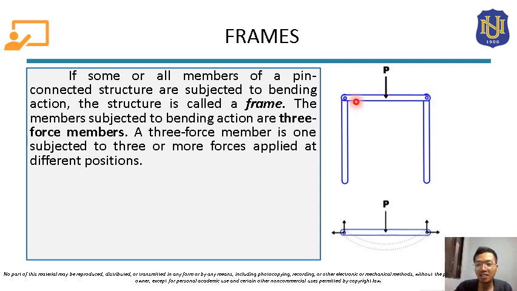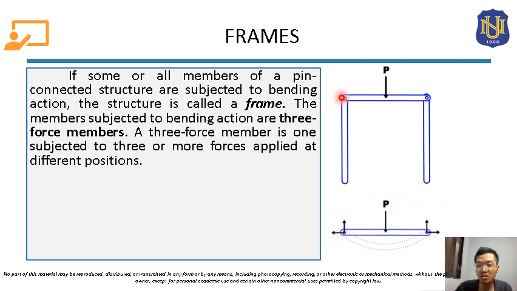Since there is an applied load P within its span, it will be subjected to bending. This force P will push this member this way, and it will bend like this. Of course, there should be a reaction force that will oppose that bending action. Those forces will be these reactions.